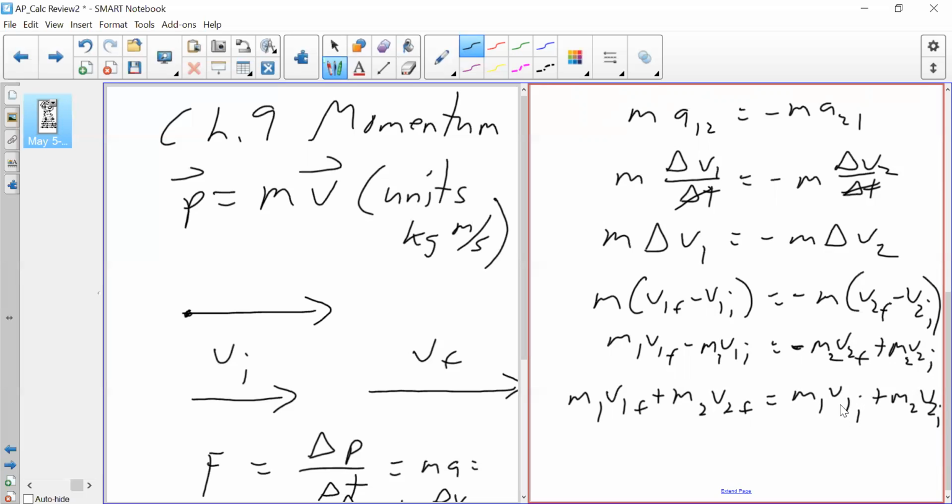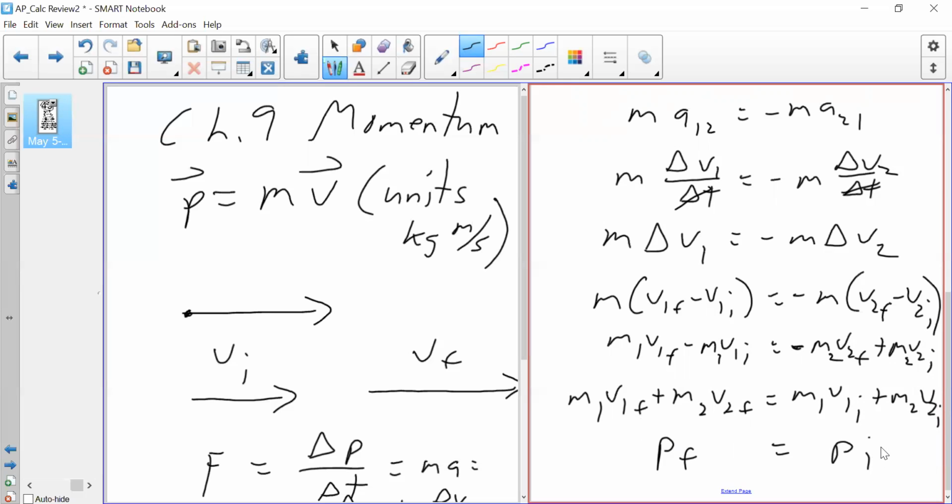So the sum of the momentum, in this case there's 2 objects, could be 10, any number of objects. The momentum in the beginning stage is equal to the momentum in the final stage. So we have P final equals P initial.